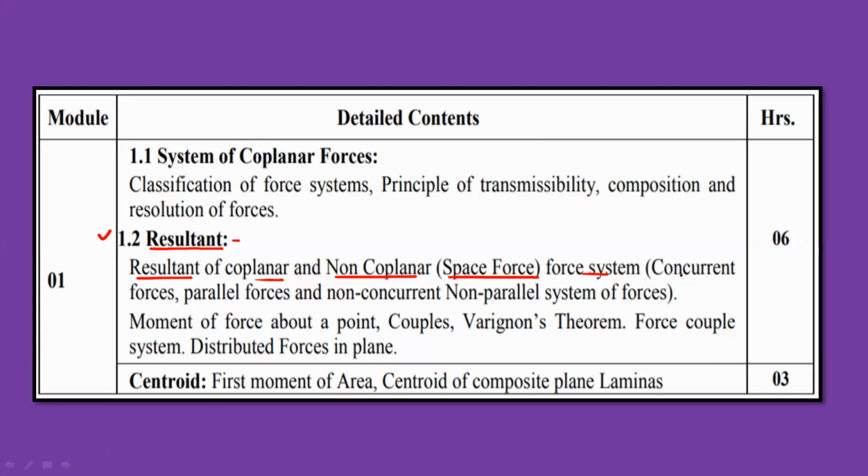In that, we will specifically discuss concurrent force system, parallel force system, non-concurrent, non-parallel force system. Okay, so this is called a general force system. Then moment of a force about a point, couple, Varignon's theorem. Then force couple system and distributed force in a plane. We will discuss all these points one by one.